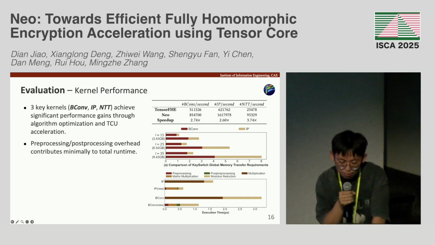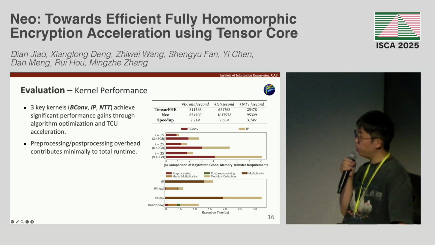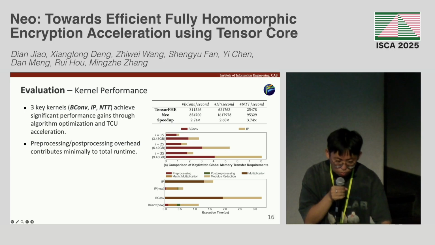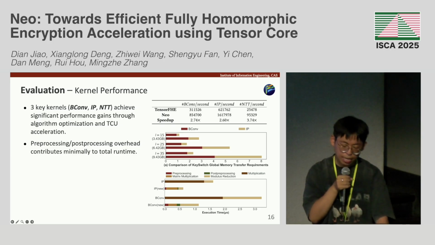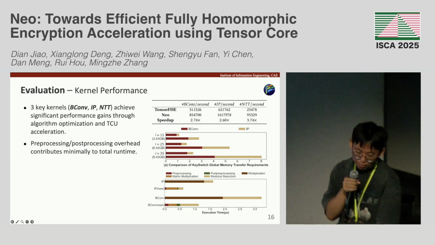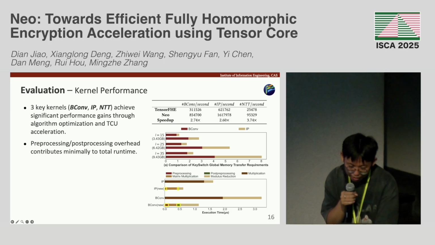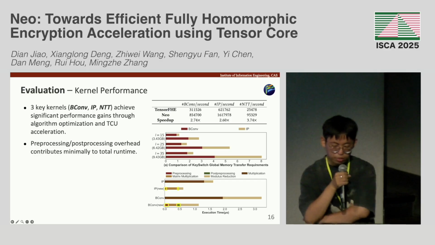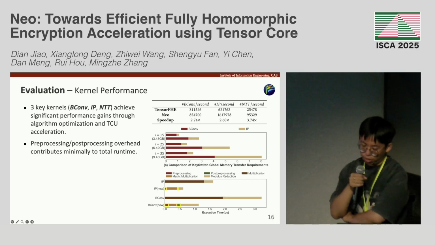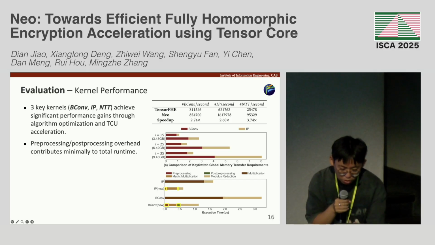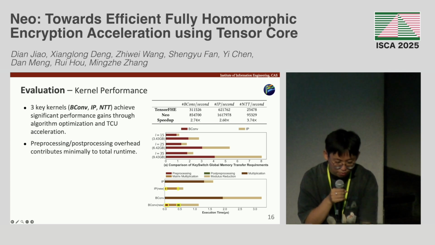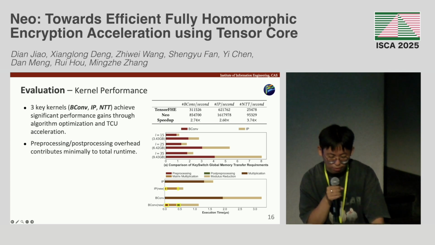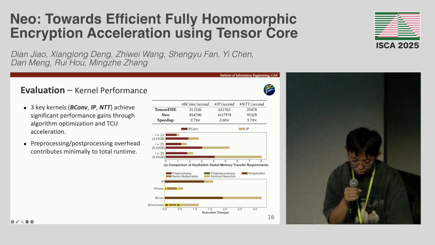The throughput of base conversion and inner product is increased by about 2.7 times and 2.6 times. From the figure below, it can be seen that the pre-processing and post-processing introduced by the algorithmic transformation account for a very small proportion of the total kernel execution time. Even when combined, they are still much faster than the original kernels.